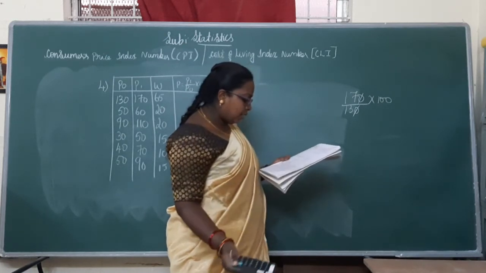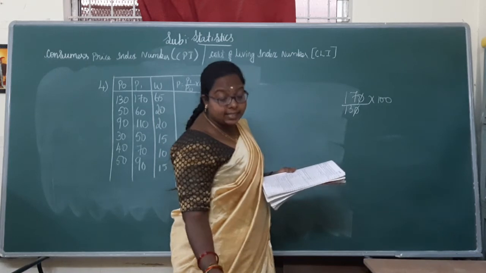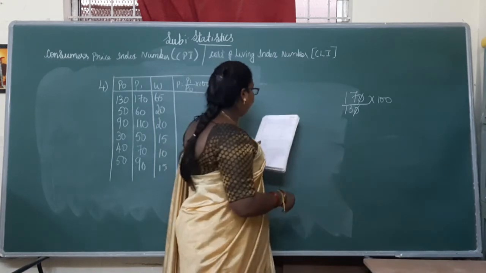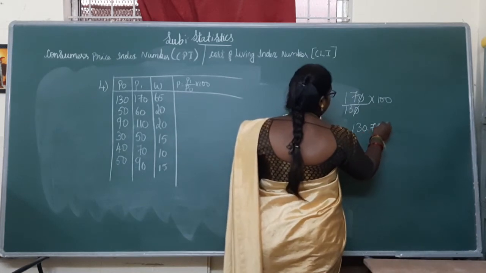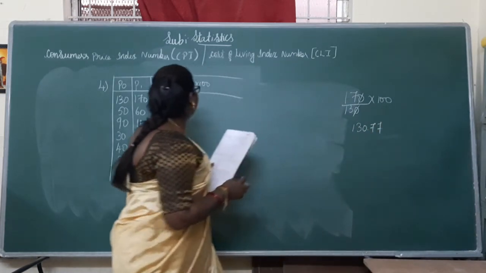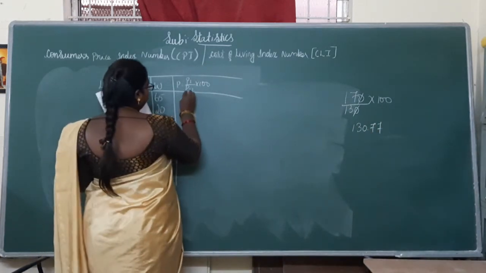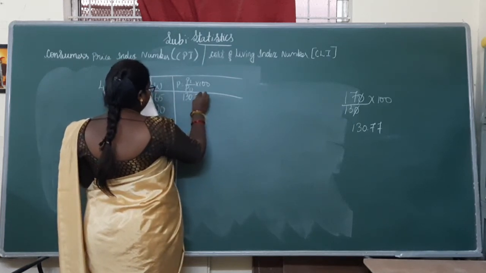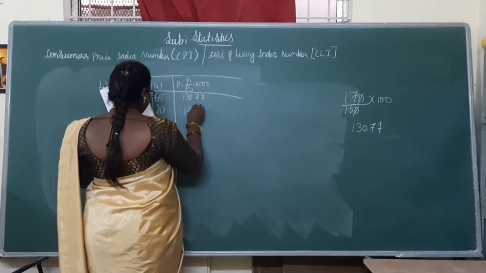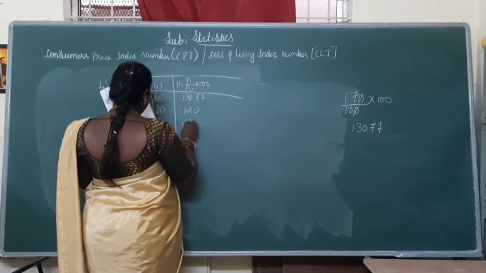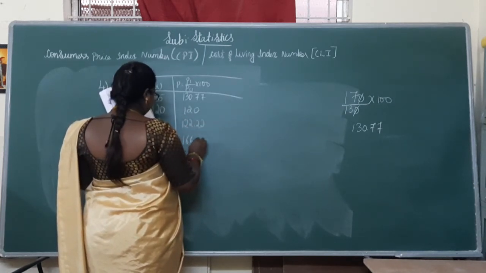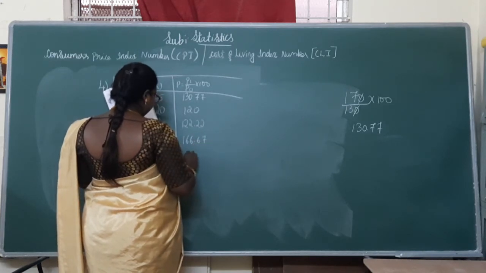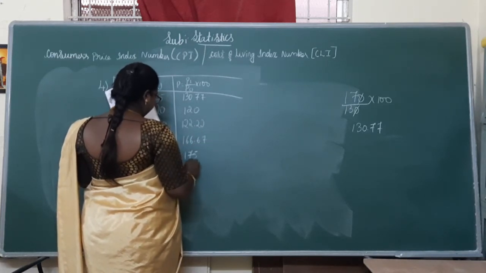I will get 130.769, so I am rounding off to 130.77. Like this you need to do here. So for the first one I will get 130.77. Next is 120. Next is 122.22. Next is 166.67. Next 175. Next 180.